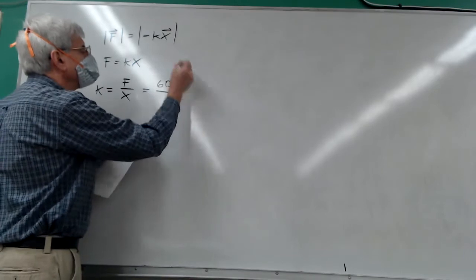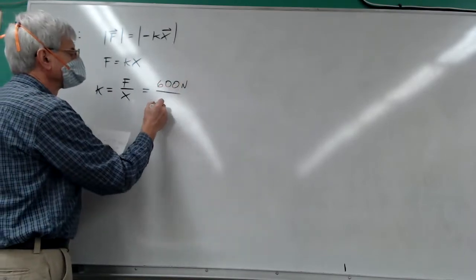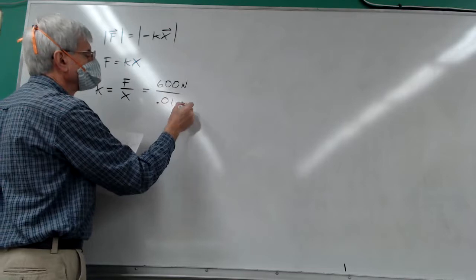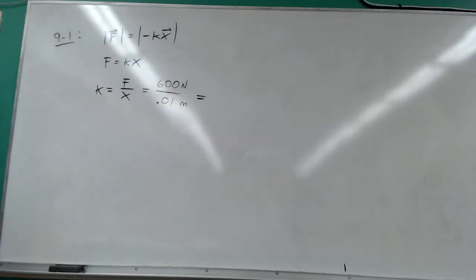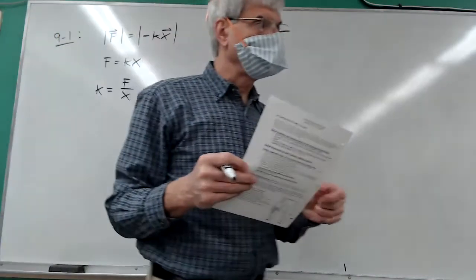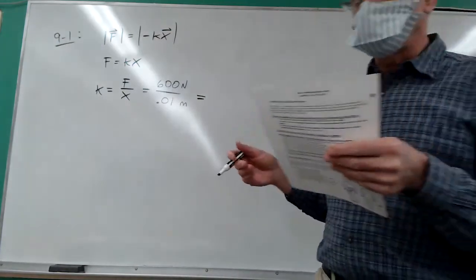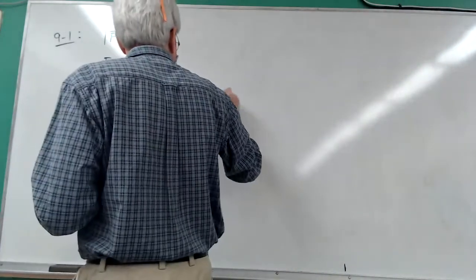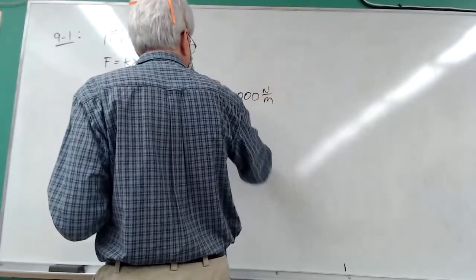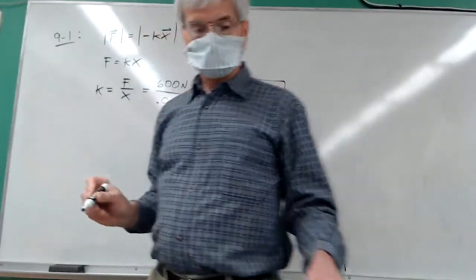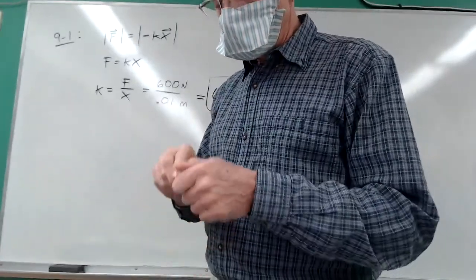600 newtons of force causes 0.01 of a meter of displacement. I converted centimeters to meters, otherwise the spring constant would come out in newtons per centimeter, which I suppose would be okay for certain purposes, but that wasn't what I felt like doing. $60,000.